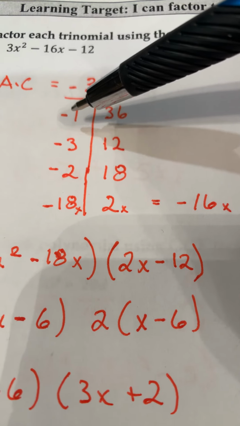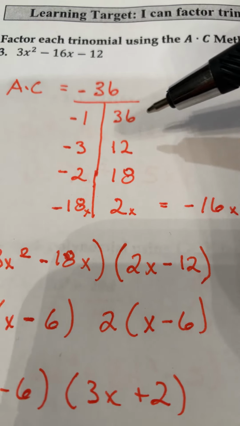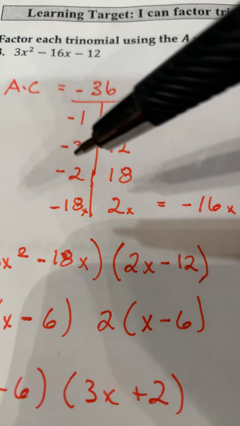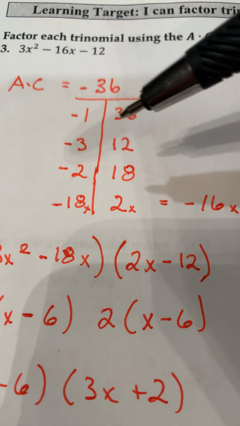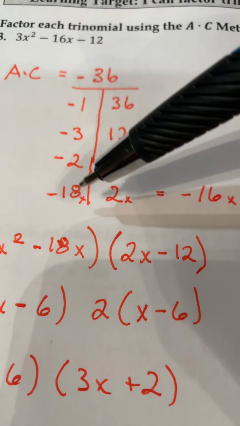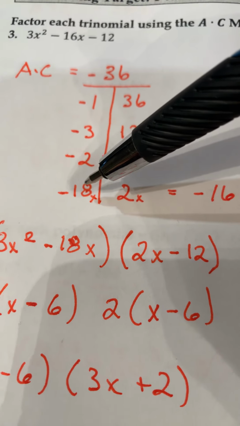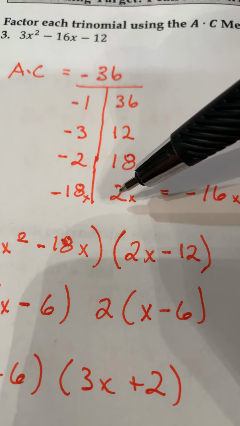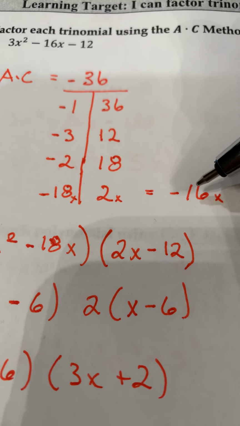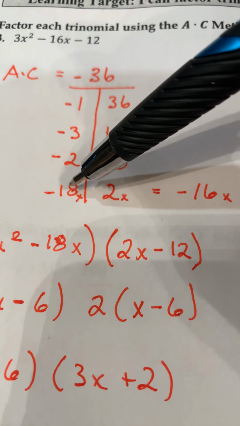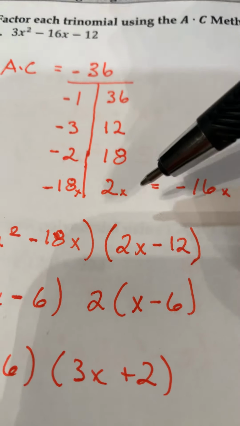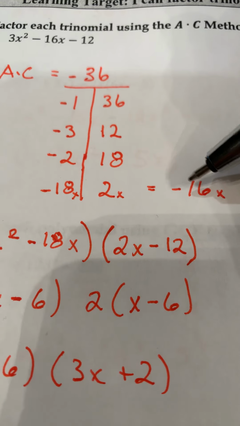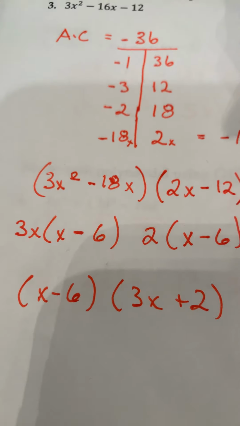So we could have minus 1 and 36, which would end up being a 35, minus 3 and 12, which ends up being a 9. But you end up getting minus 18 times a 2 equals a minus 36, and minus 18 plus 2 equals a minus 16. So these are your two numbers, minus 18x and 2x, to get the 16x.